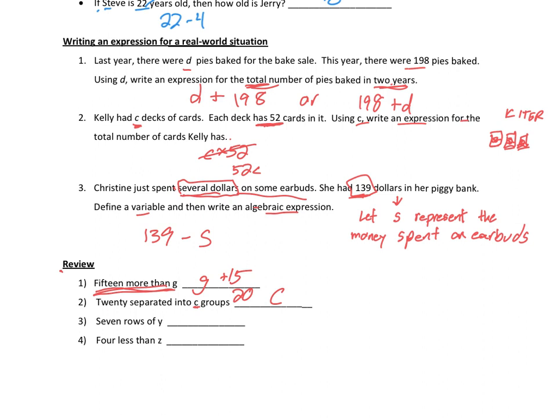I apologize. 20 divided by C. We're taking 20 and we're splitting it into C groups. So it's a division problem. 7 rows of Y. So if we have Y, Y, Y, Y, we have 7 rows of this. So that's 7Y. 4 less than Z. We're starting with Z, and we're doing 4 less.